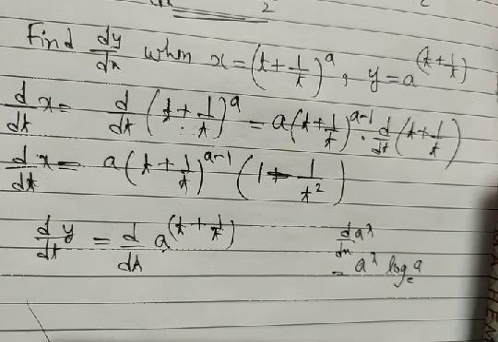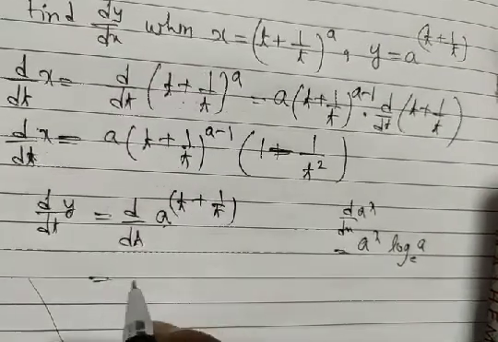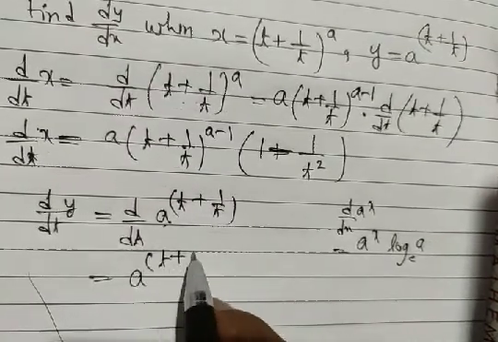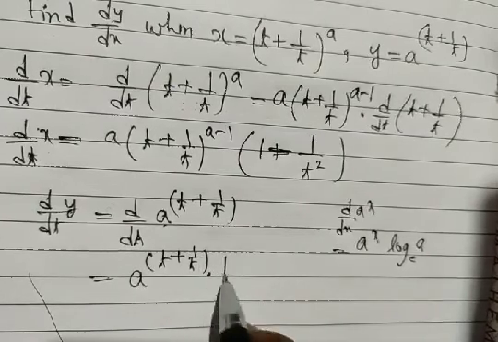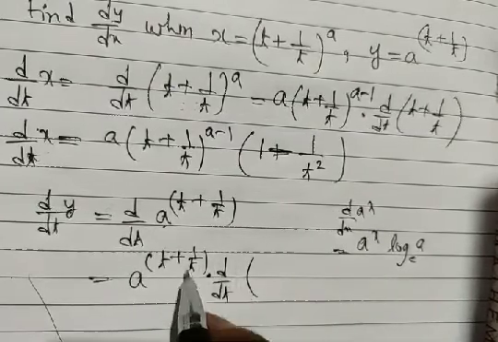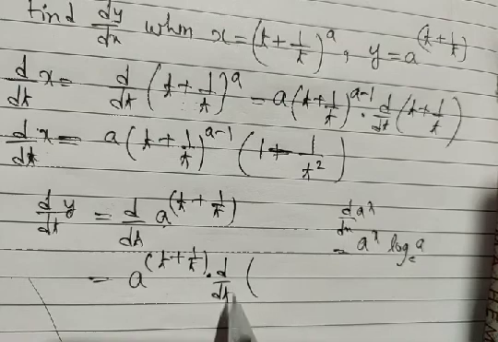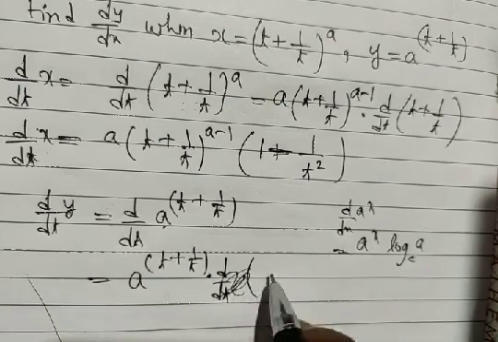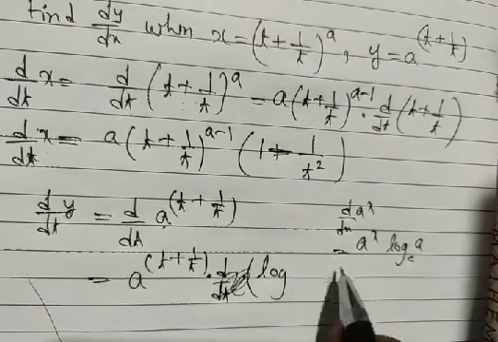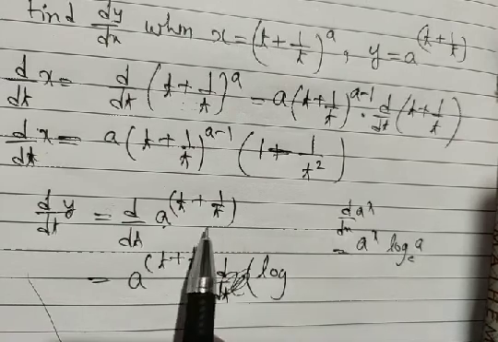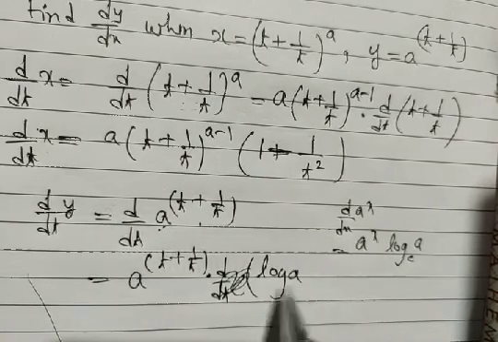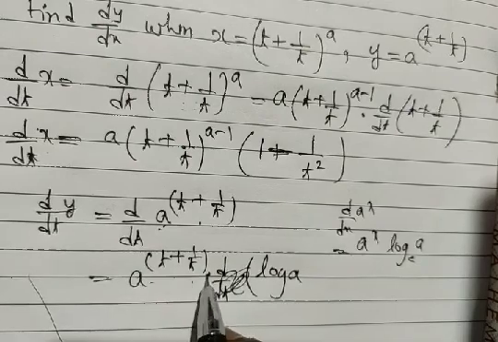Then we take t + 1/t, and by the chain rule, d/dt of a to the power x gives a to the power (t + 1/t) into log a.